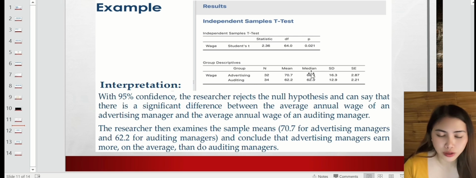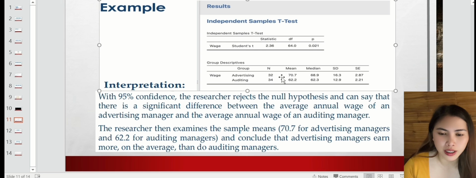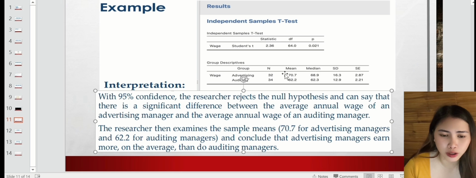And if you can observe, the mean of the wage for advertising is 70.7, and for the auditing group is 62.2. Then we can conclude that the advertising manager earns more on average than the auditing manager.